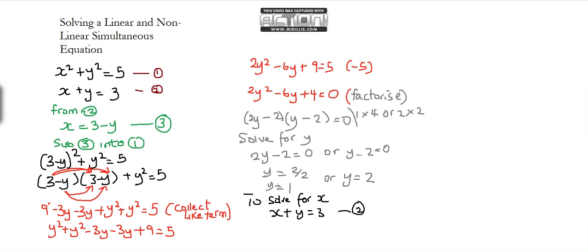Now we need to put y into that equation. So when y equals 1, x plus 1 equals 3, x equals 2. And then for this one, y equals 2, x plus 2 equals 3, x equals 1.